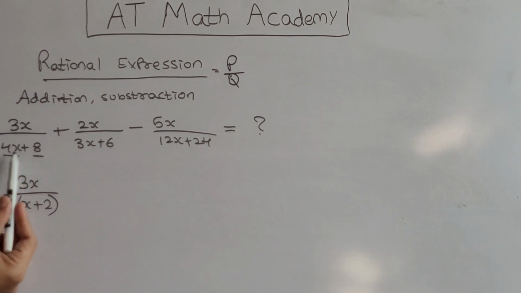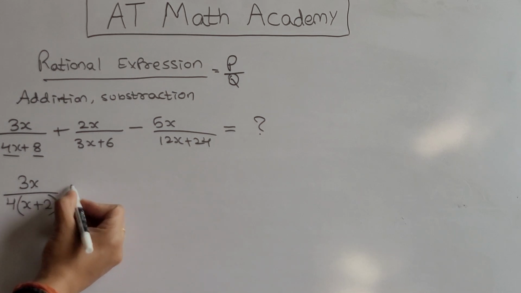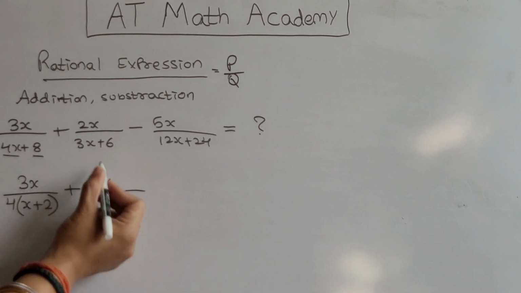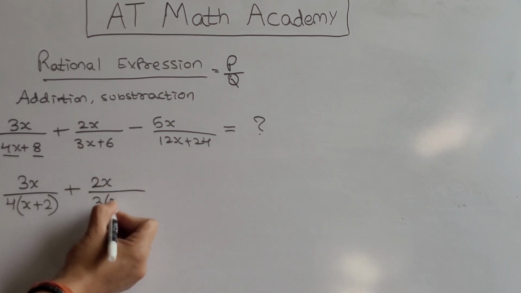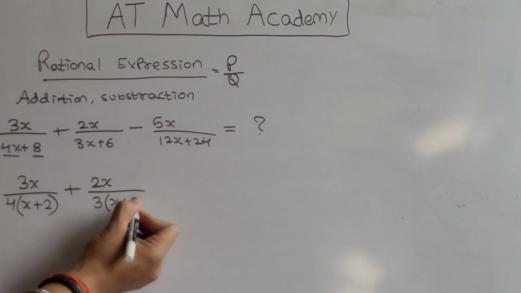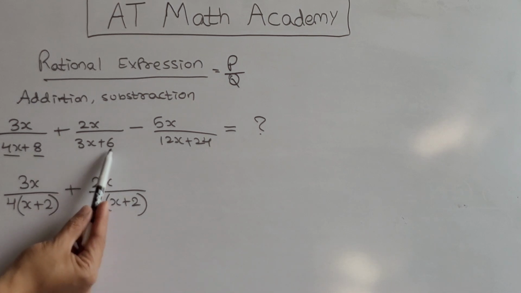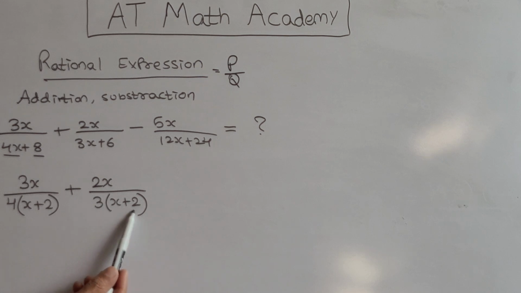So I can rewrite 4x plus 8 as 4 into x plus 2. Likewise, for the second term, I'm going to take 3 as common, and I'll be left with x and 2, because 3 times x is 3x and 3 times 2 is 6. We get 3x plus 6, so we can rewrite it as 3 into x plus 2.